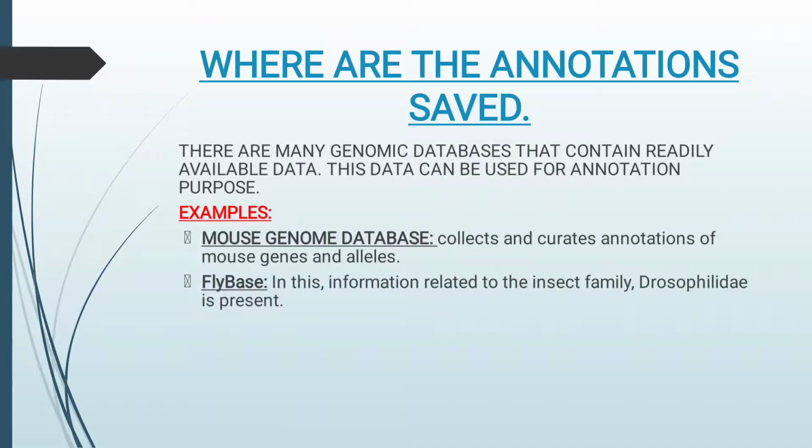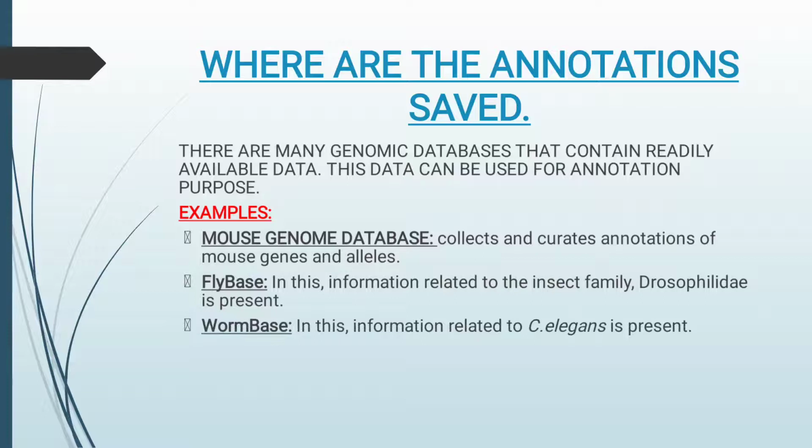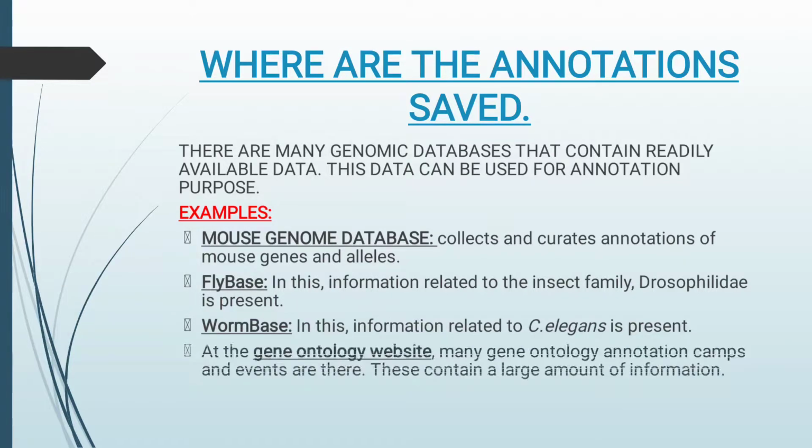Second is Flybase. This contains information related to the insect family Drosophilidae. Third is Wormbase, for the famous worm Caenorhabditis elegans. The information related to this worm is present in this Wormbase database. Another is the gene ontology website.